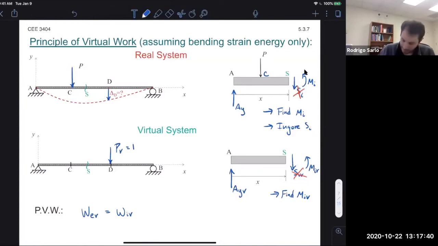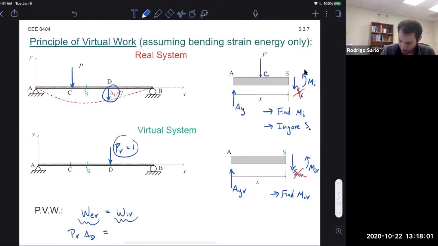Which means that our external virtual work in this case is being done by the load, it's done by the load PV over the displacement delta D, right? So virtual loads times real displacements.